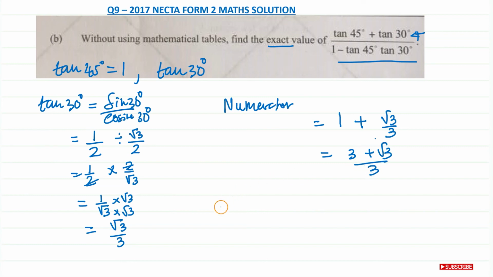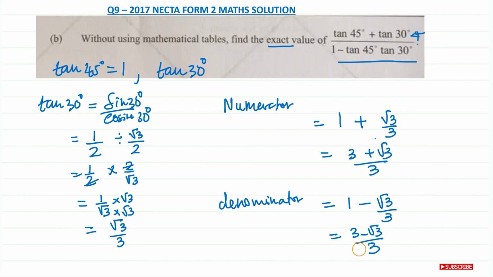Now let's do the denominator. So denominator, that's going to be equal to 1 minus tan 45 is 1, so 1 times tan 30. Now we know tan 30 is root 3 over 3. Put these together, you will get 3 minus root 3 over 3.